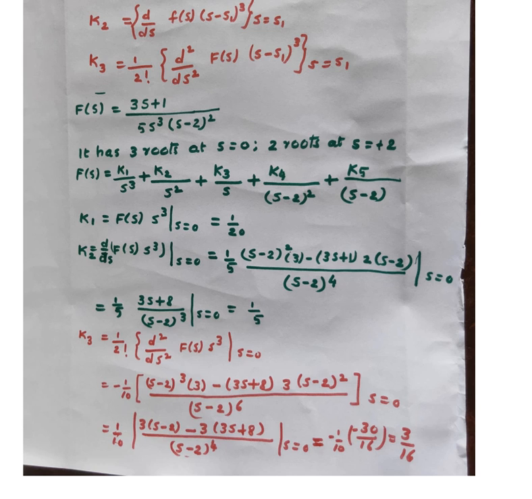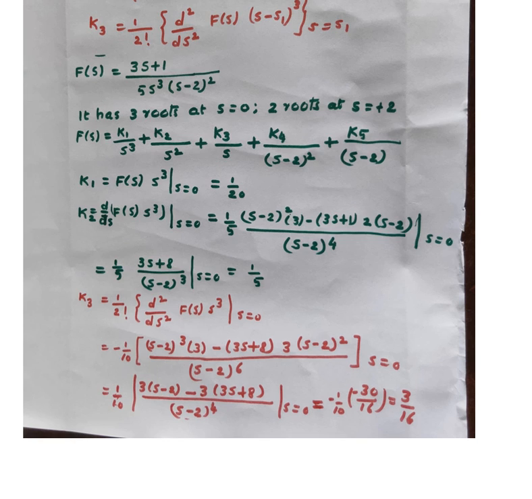So look at this. So minus 1 by 10 into, here also we will get the u by v format for differentiation. So we will get s minus 2 whole cube is the v. So we write as it is. Then here we get 3s plus 8, which is nothing but u. You differentiate it, then you will get 3 here, minus u, which is 3s plus 8, into dv by dx, means s minus 2 whole cube. Then you will get 3 into s minus 2 whole square.